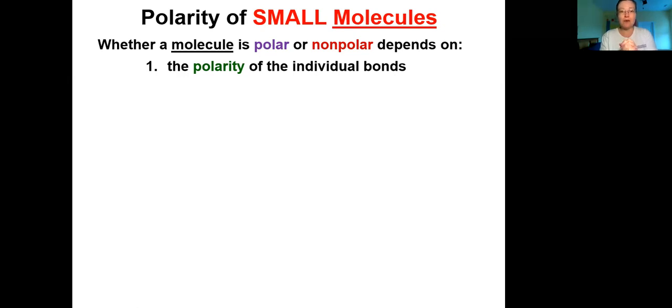And so whether a molecule is polar or nonpolar is going to depend, first of all, just on the polarity of the individual bonds. If I don't have a polar bond anywhere in the molecule, then it's impossible for the molecule itself to be polar. We've got to have somewhere where the electrons are not being shared equally. But that's only one piece of the puzzle.